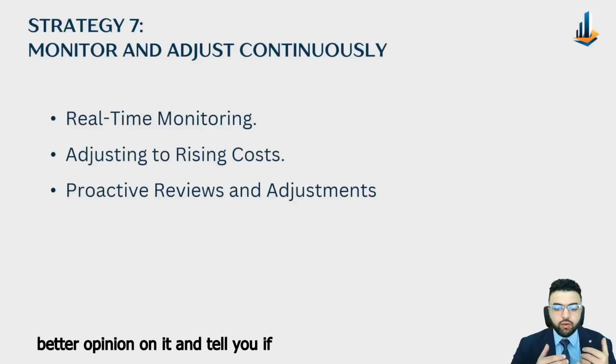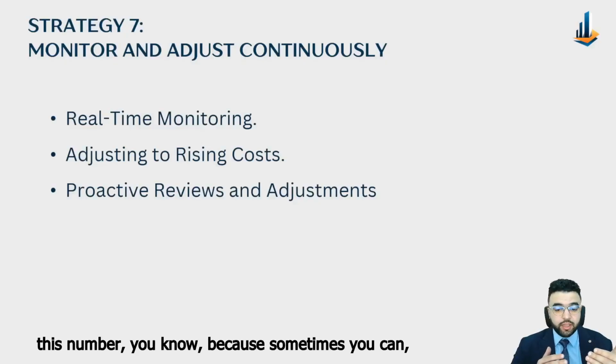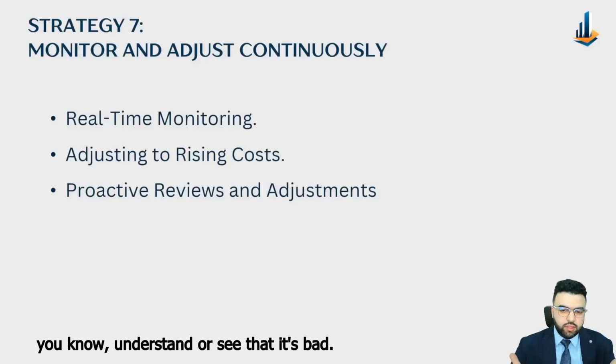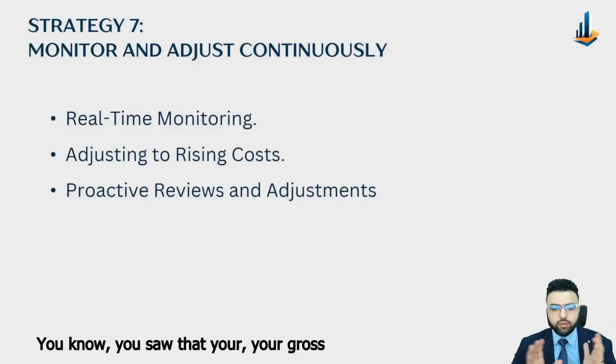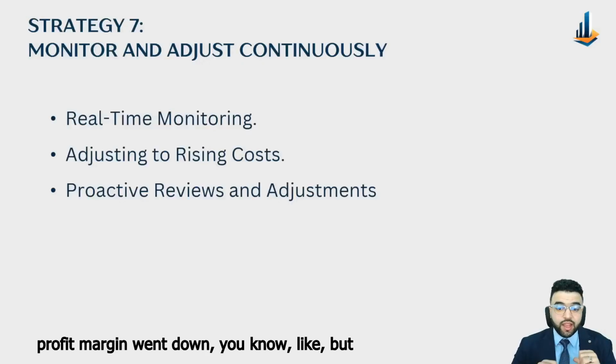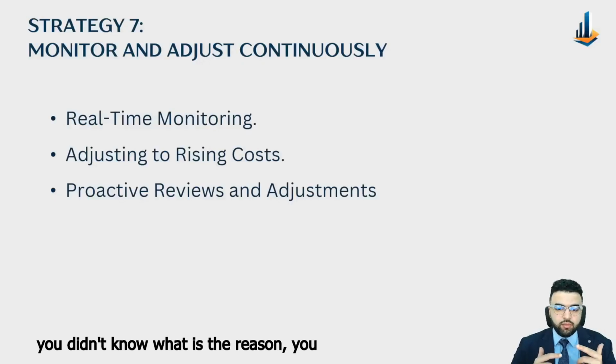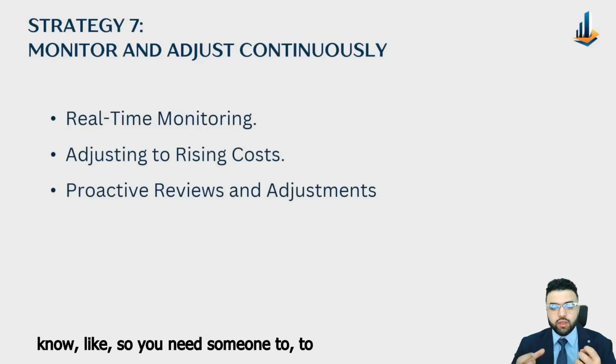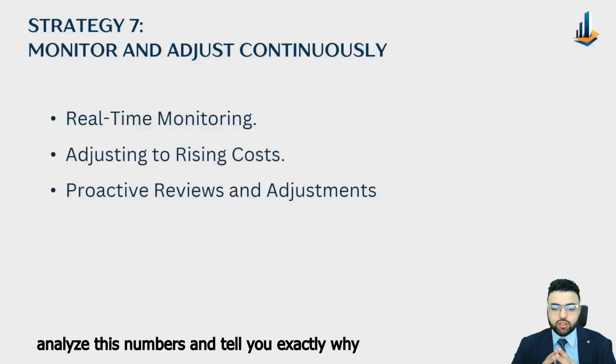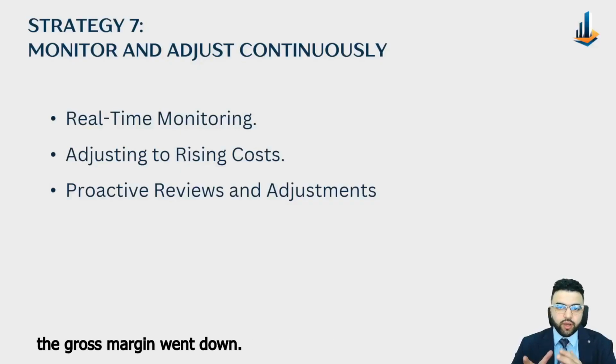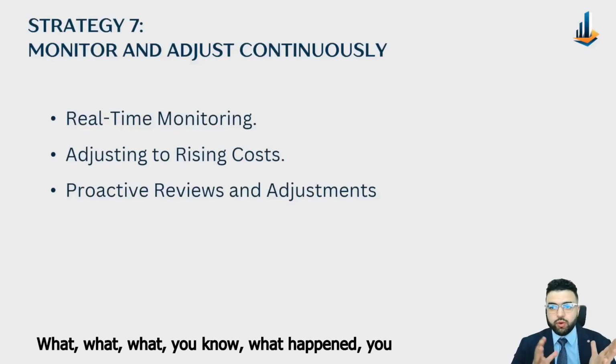opinion on it, and tell you if this number is bad, because sometimes you can see that it's bad. You saw that your gross profit margin went down, but you didn't know the reason, so you need someone to analyze these numbers and tell you exactly why the gross margin went down.